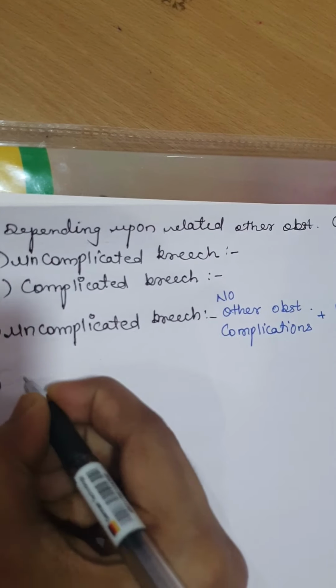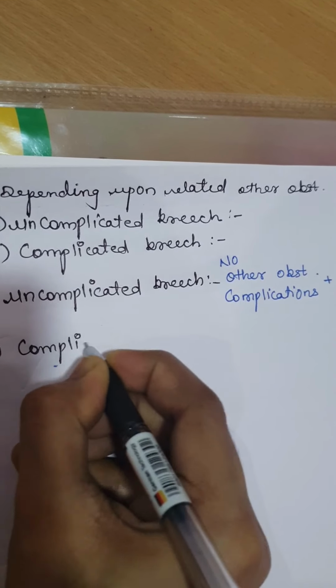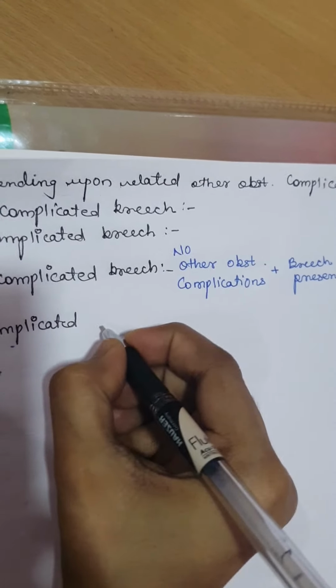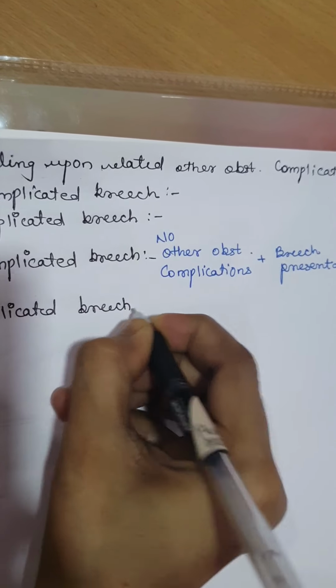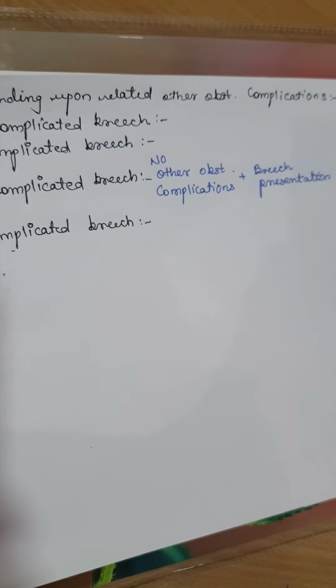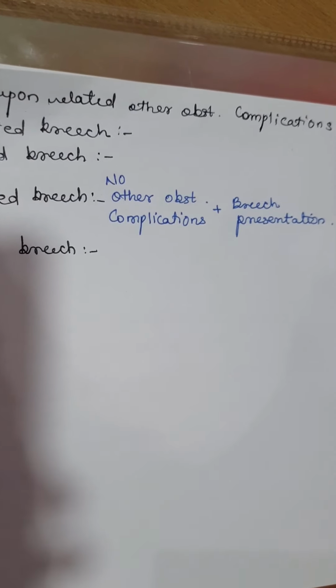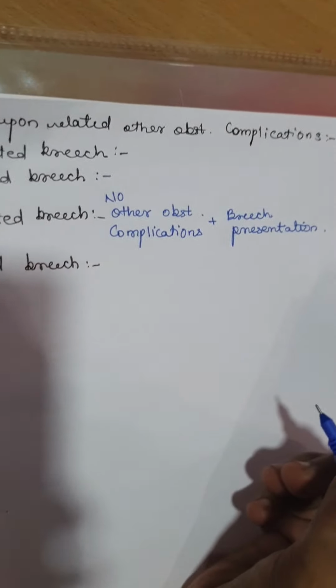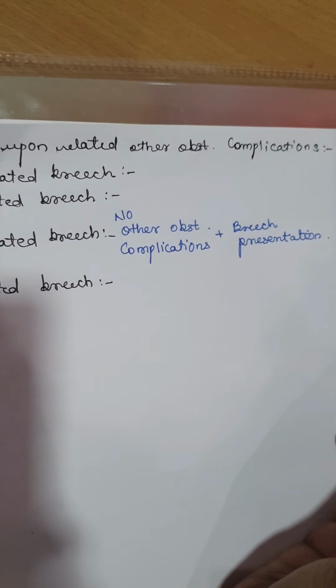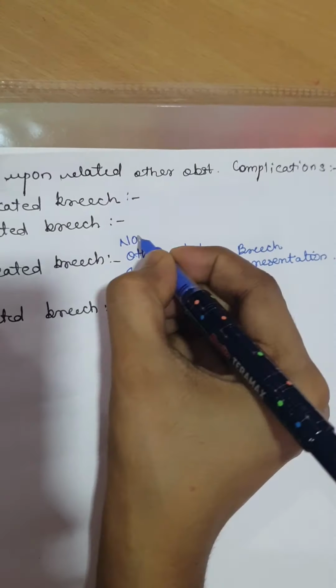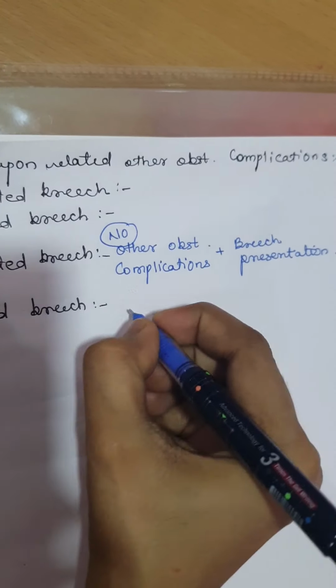Now the second one is the complicated breech. It will be the vice versa of the above. When the breech presentation is associated with other obstetric complications, it is called the complicated breech.